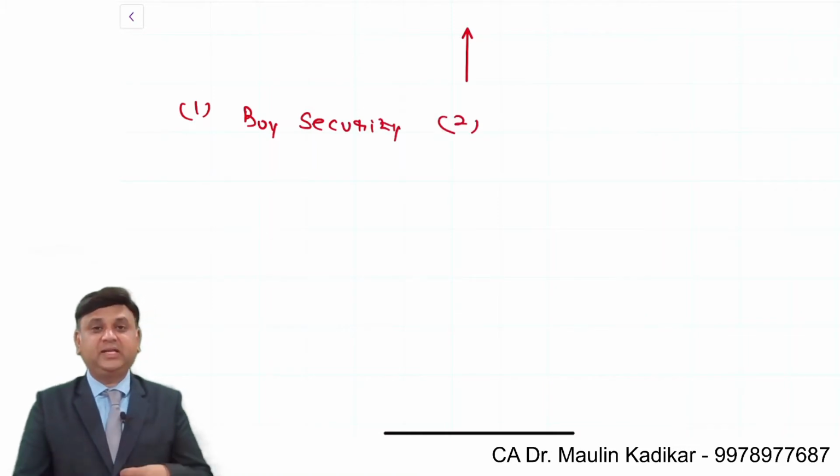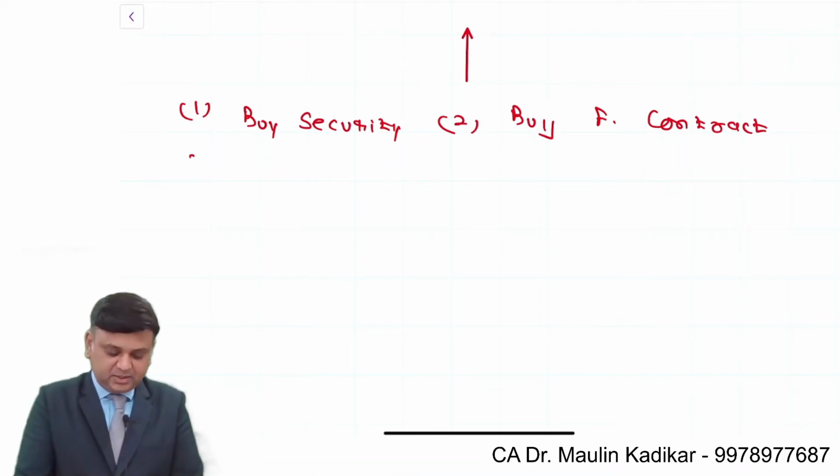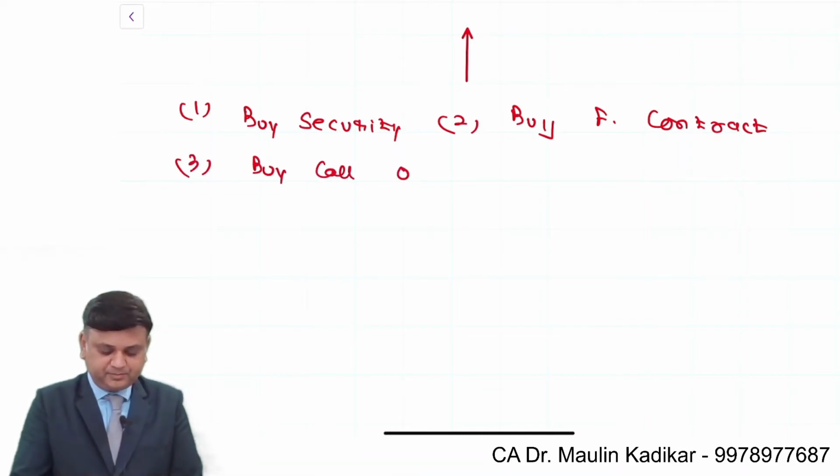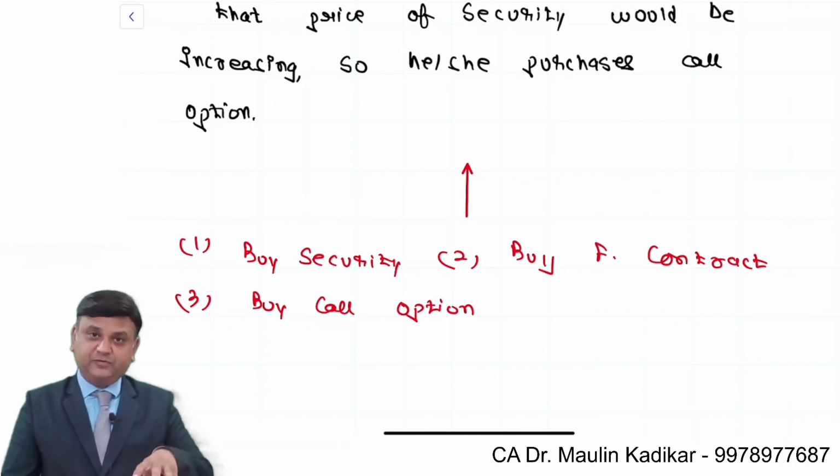Second, you can buy a forward or futures contract. And third, you can buy a call option.